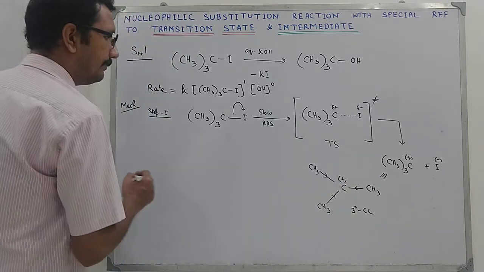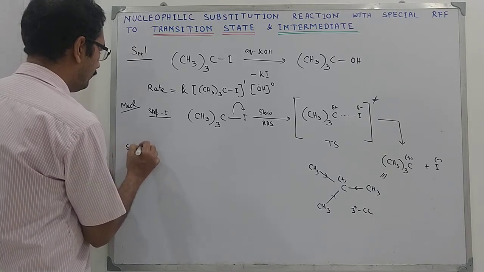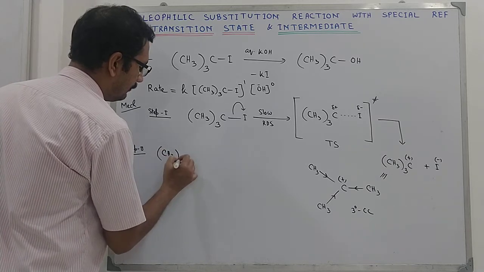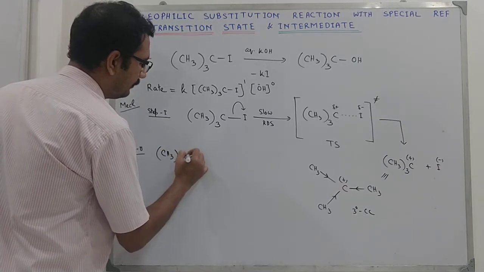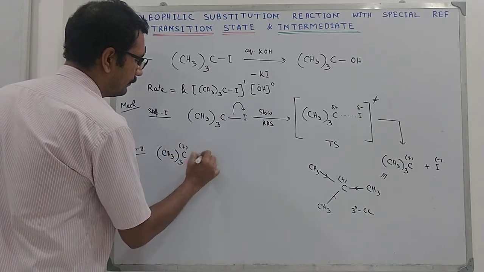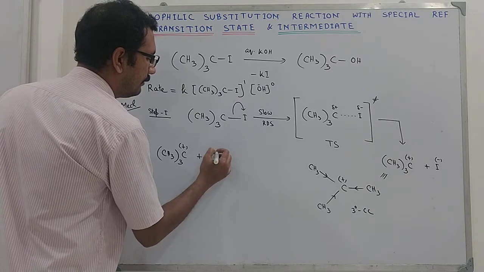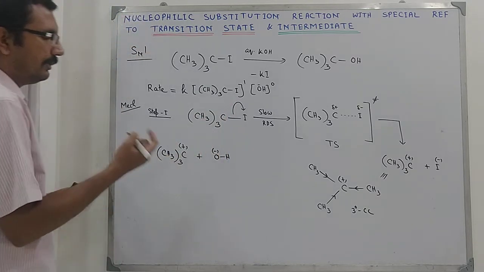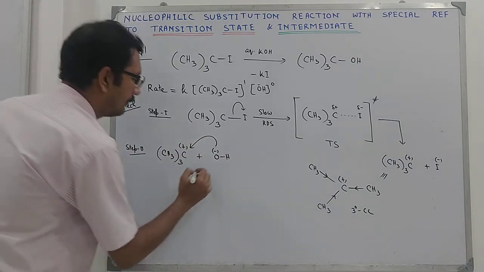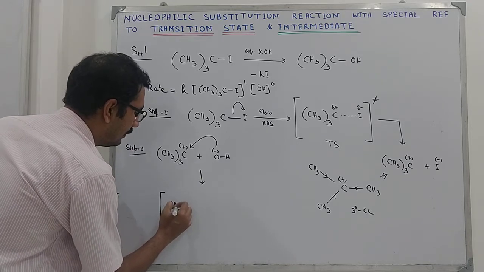Now in the second step, what will happen? This 3 degree carbocation will be attacked by this nucleophile or solvent. Solvent molecules can also attack here, and we will again experience a transition state.